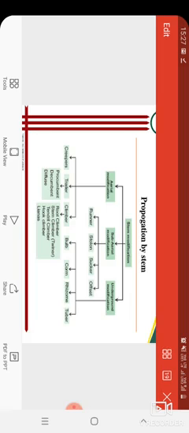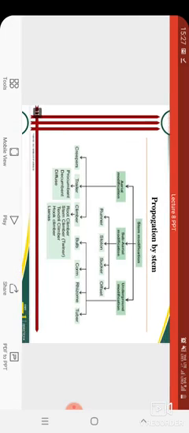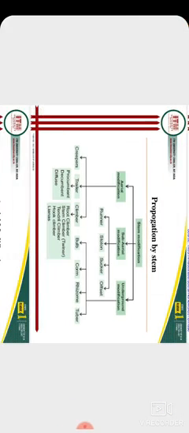Under aerial, it is not growing on the ground; it can be creepers, trailers or climbers. Three names have been given according to their propagation: creepers, trailers or climbers.